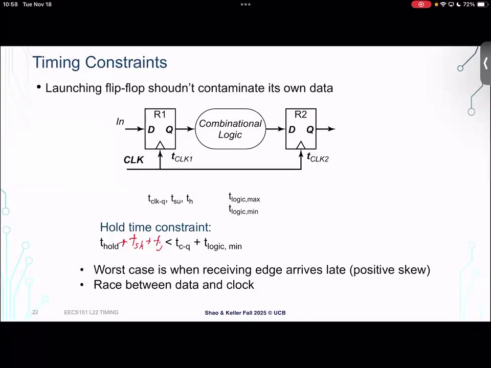So in this case, negative skew or early arrival of the clock at the capture flop can help us meet that constraint. So it leads to this sort of interesting trade-off where, yeah, you can deliberately skew the clock and it's going to help one of your constraints and hurt the other one. There's no free lunch here, but we do need to account for it when we're performing this analysis with non-ideal clocks.